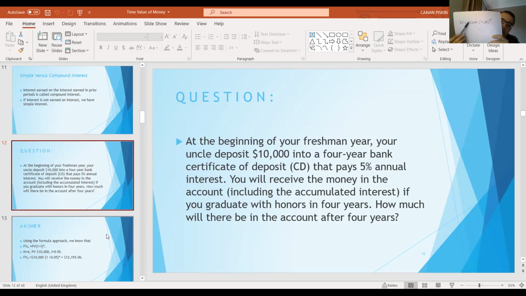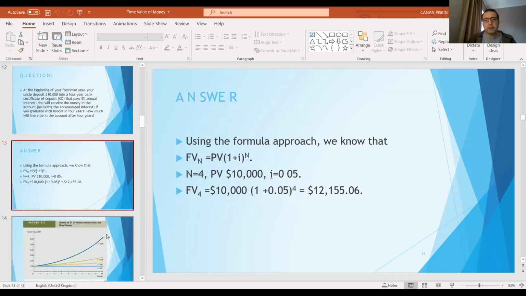So $10,000 is compounding 4 times with a 5% rate. As you have seen, it's equal to 12,155. Of course, it's more than 12,000 because 155 is the interest on interest, right? So that's why we have more return.